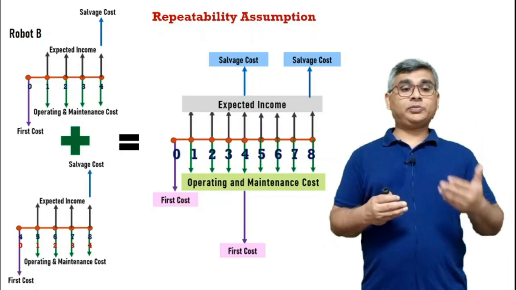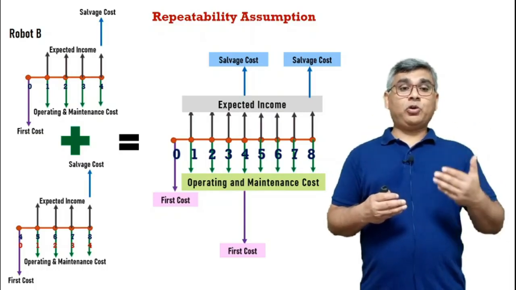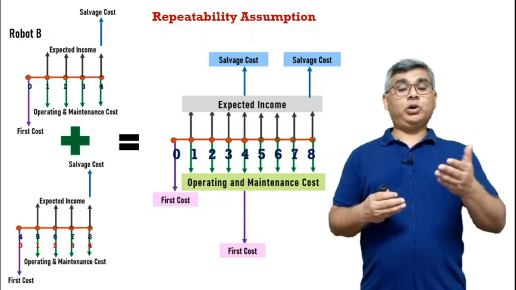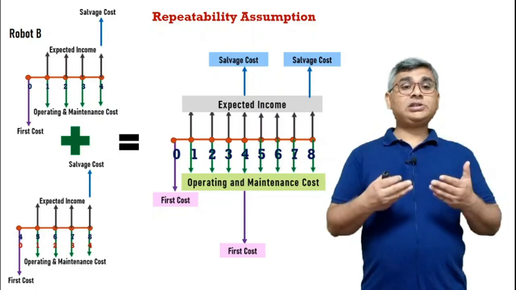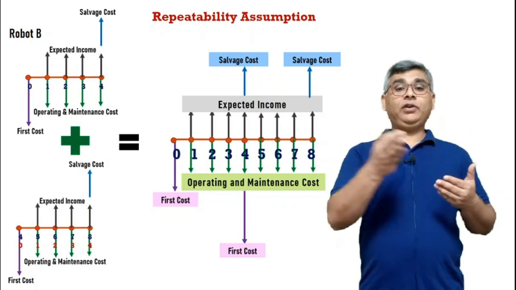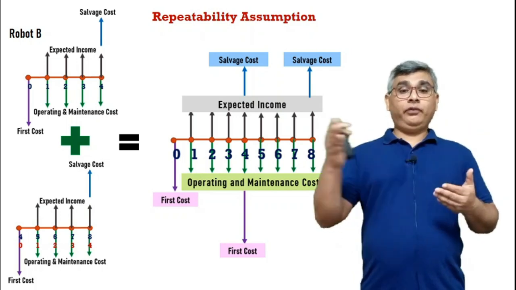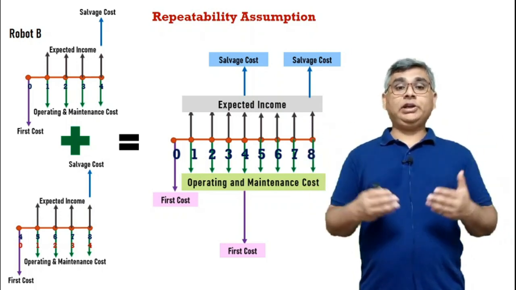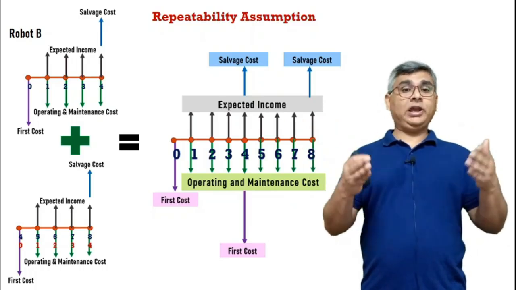That is, 4 corresponds to 0, 5 corresponds to 1, 6 corresponds to 2, and so on. If we add these two cash flow diagrams, we will have a cash flow with an economic life of 8 years. Of course, the first cost will appear 2 times.